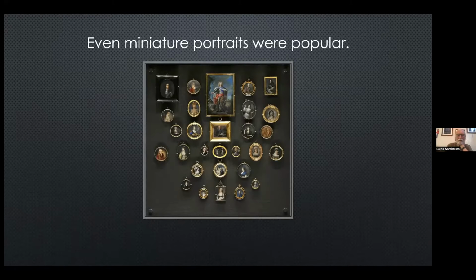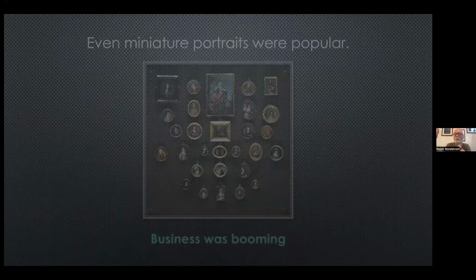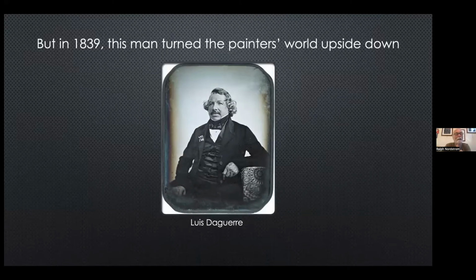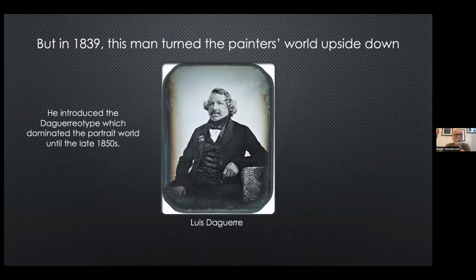But then the business kind of got turned on its head in 1839 when Charles Daguerre invented the daguerreotype. Now, a daguerreotype is a copper plate that's coated on one side with silver.